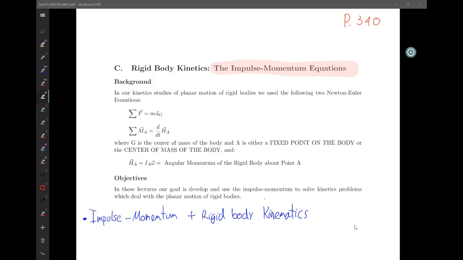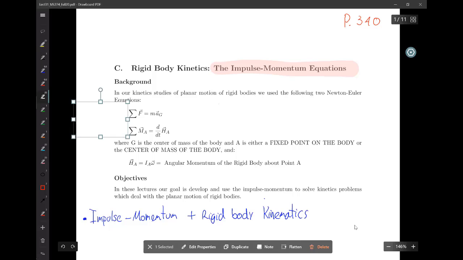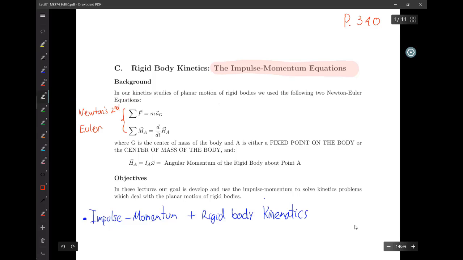All right, so everything in kinetics is based on this: Newton and Euler equations, right? So Euler equation is just a consequence of Newton's second law.